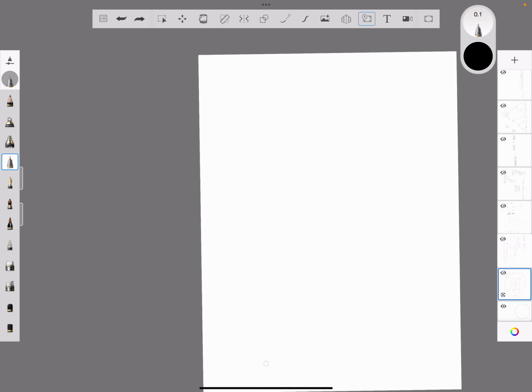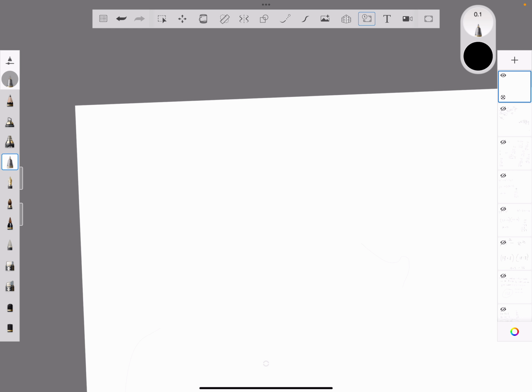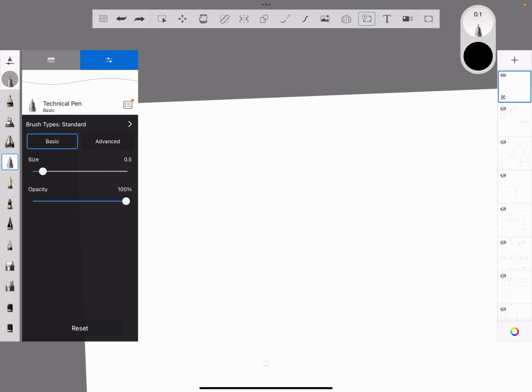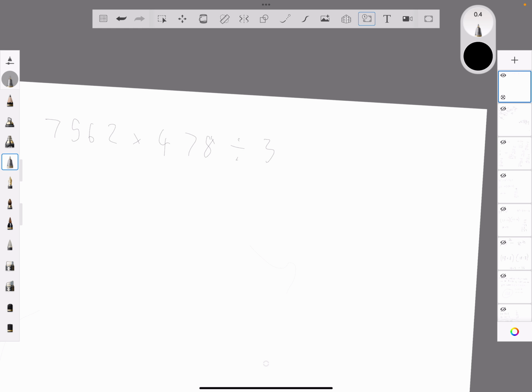I'm bored. So let's do some random multiplication. Okay, since the last time, I'll try something quite simple. 7562 times 478 divided by 38.